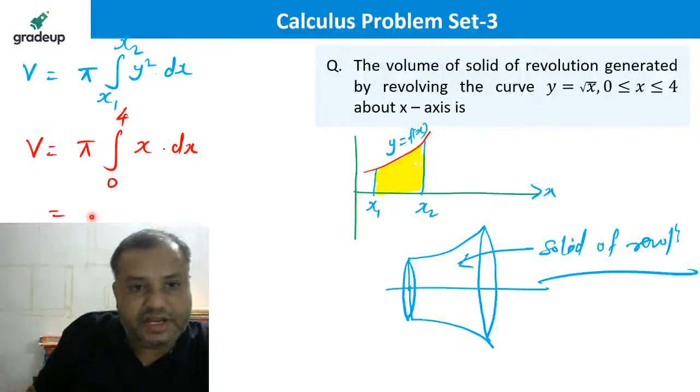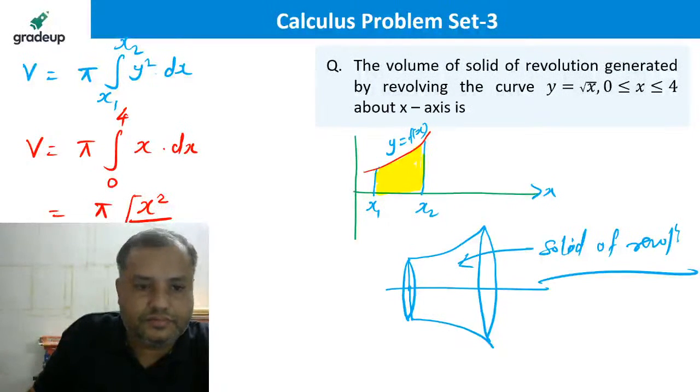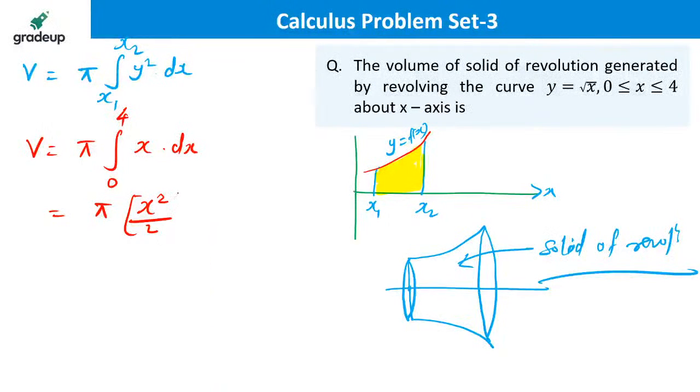That's it. So integration, pi is already out, x square by 2. Limits are 0 to 4. So 4 square is 16, 16 minus 0 is 16, 16 by 2 is 8, so 8 pi cubic units can be the answer.